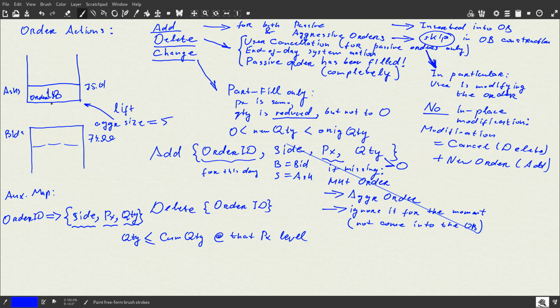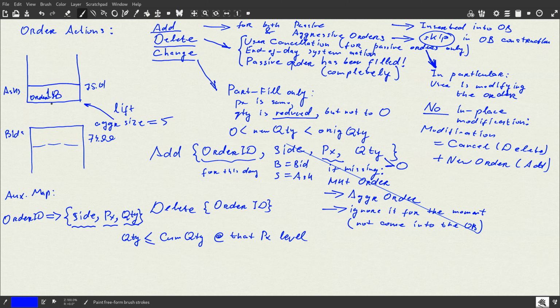But if there is a 5 and 20 here, then obviously cumulative quantity is 25, and so on. This cumulative quantity at a given price level is a very important thing which we will take into account. So, okay. And then when the order is to be deleted, you check the quantity of this order as memorized in this auxiliary map against the cumulative quantity at this price level.